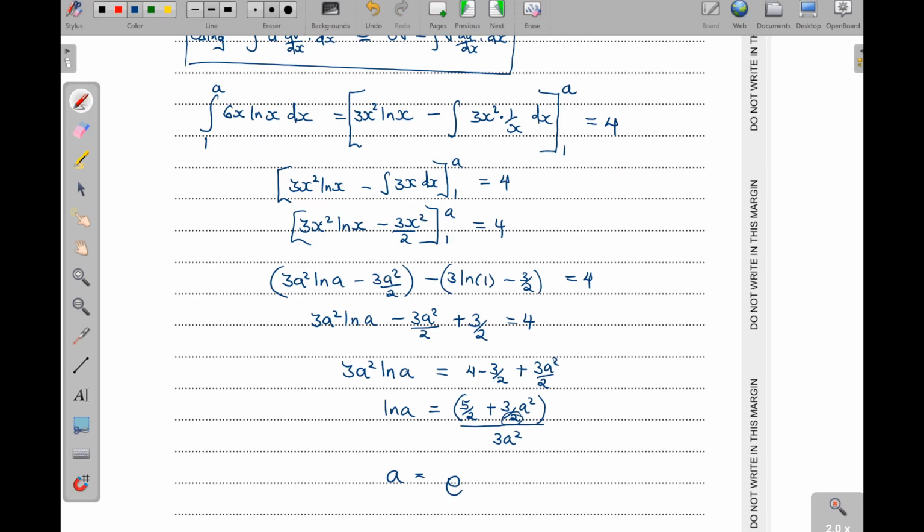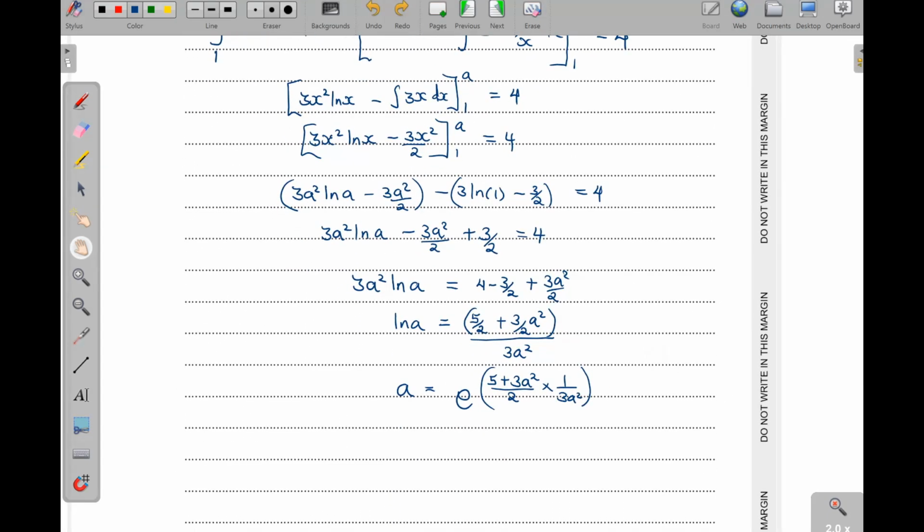Now, this 2 here will multiply with the 3 here, because we are going to have, let me write it like this here, 5 plus 3a squared over 2, then times the reciprocal of this one. That is how it is. So that is how this one multiplies with that, okay?